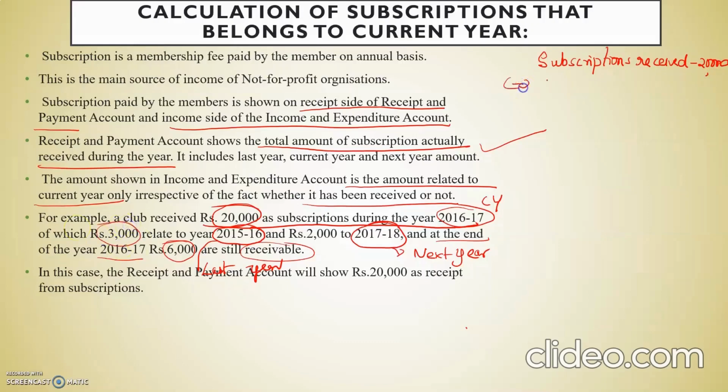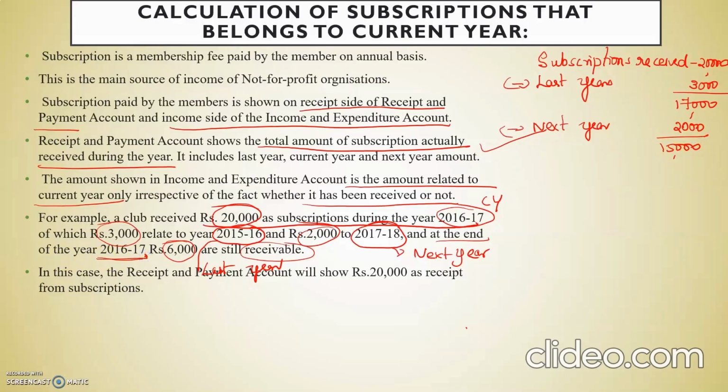Last year information we have to deduct, minus last year's 3,000, 17,000 remaining, 2,000 related to next year. Again next year information we have to deduct, minus next year's 2,000, 15,000 remaining.